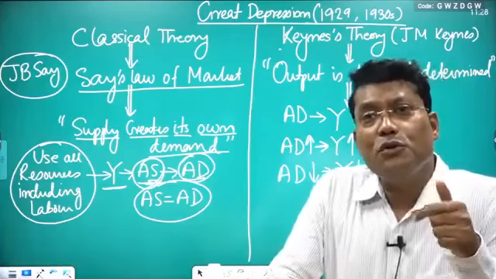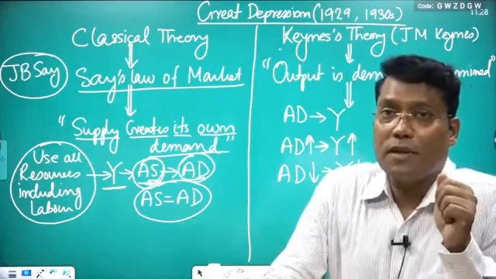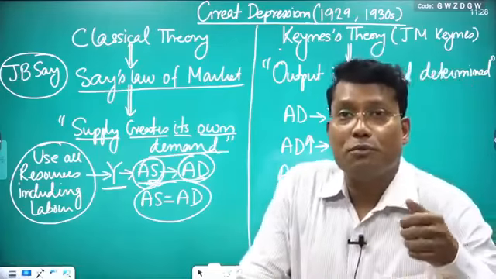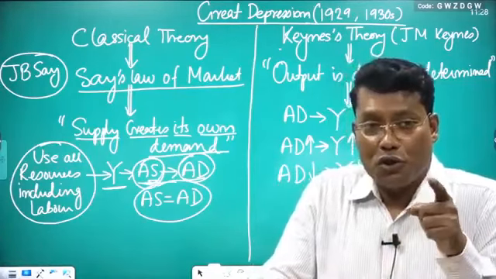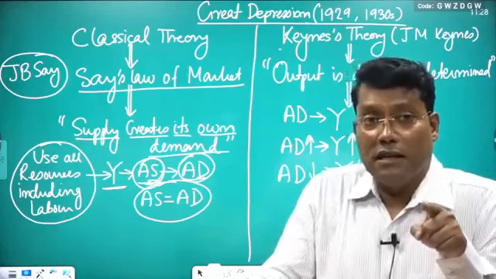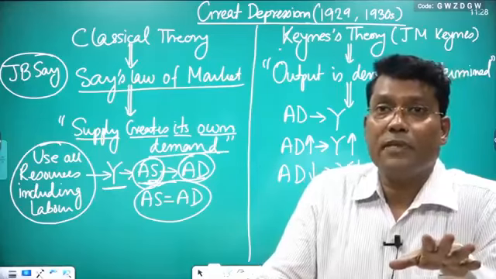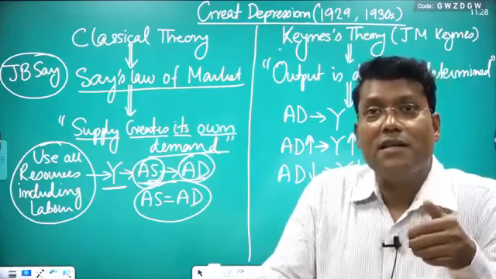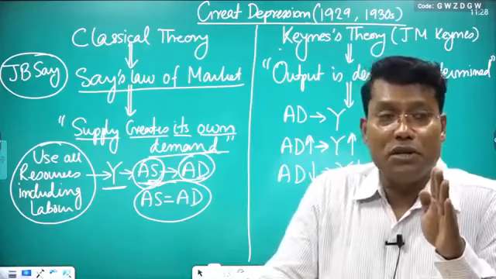So what are you going to do next? You are going to stop the production, because if you are not able to sell your produced goods, why should you produce it? The moment you stop the production, then the laborers working, simply you can say please leave. I mean unemployment started increasing. So that was the situation during the Great Depression.